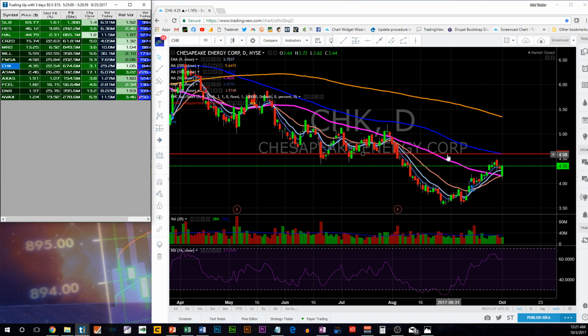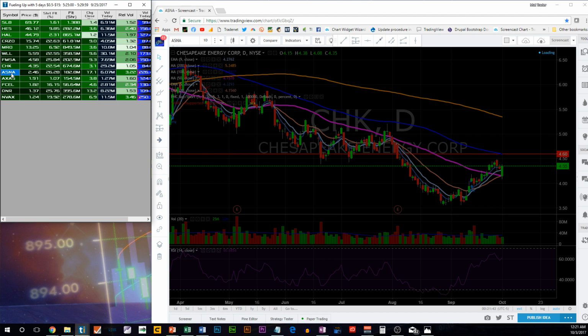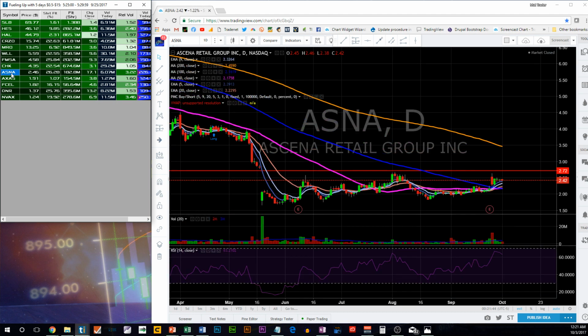So a lot of these you'll see levels of resistance and support that I've marked in the past, that I've looked at and maybe decided not to. So ASNA, it's kind of trending sideways, and it's got a gap to fill, but once it fills that, I'm not sure what it's going to do next.